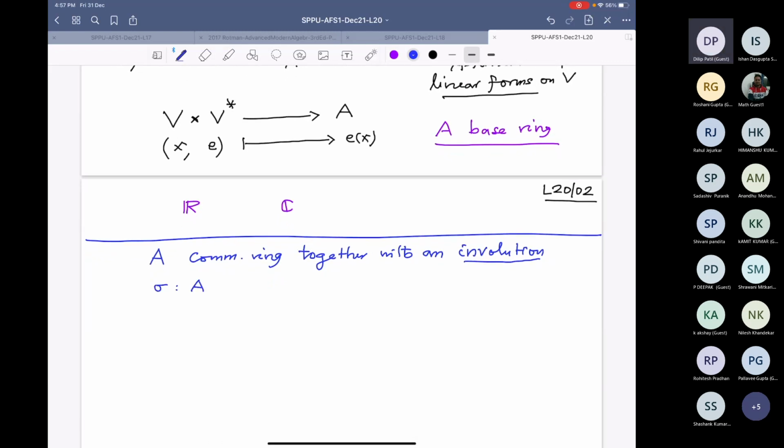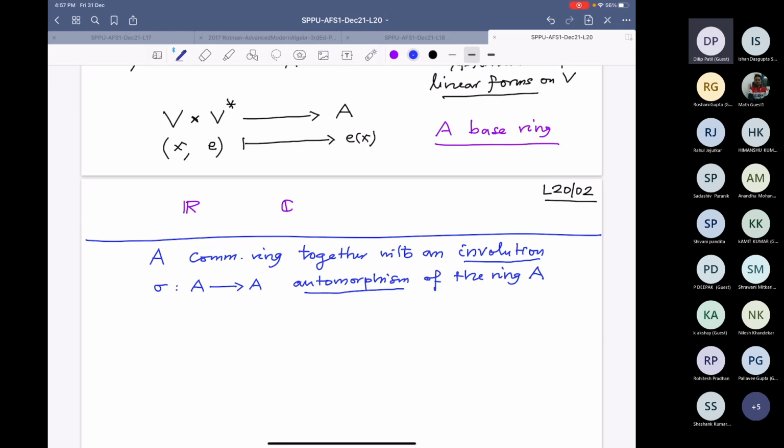Sigma is from A to A. That is called an involution if it is an automorphism of the ring A. And remember, automorphism means it's a ring homomorphism. And remember, ring homomorphism for us carries 1 to 1. That is a part of the definition of a ring homomorphism. It's a ring homomorphism which is bijective, and the inverse is also a ring homomorphism. That is the definition of automorphism.